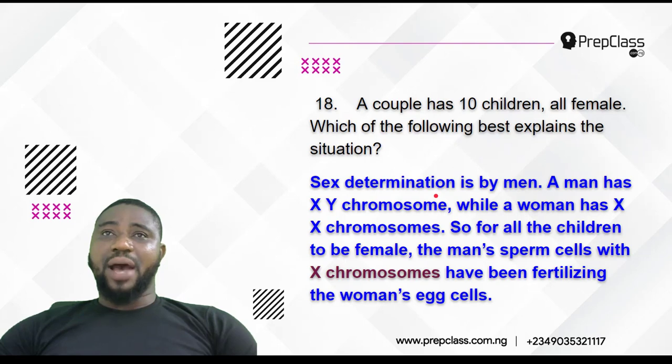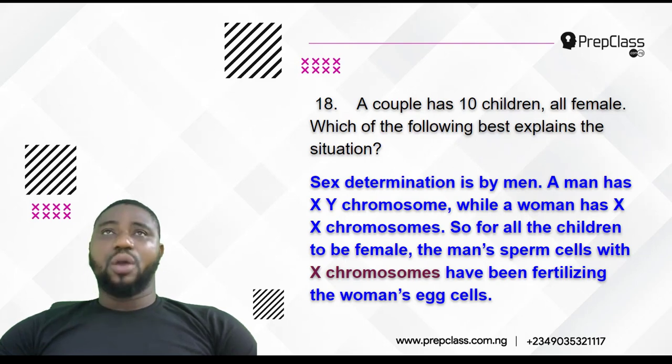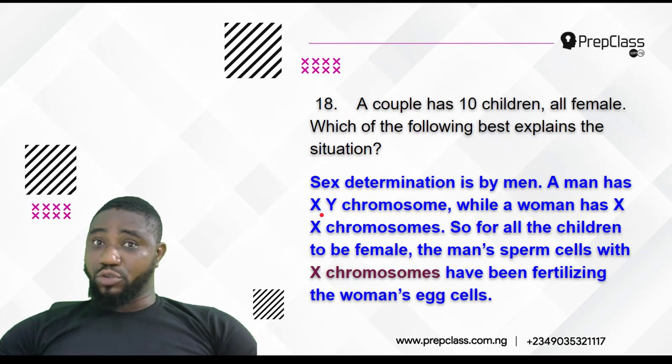So a man, after sexual intercourse, in ejaculation, when the man releases semen, each ejaculate can contain about 250 million sperm cells, but not all of them are very strong or active. Now those 250 million sperm cells, some of them might be Y chromosome sperm cells, some of them might be X sperm cells, as they carry X chromosomes, because they cannot have two. They are haploid. They only have half of what the body cell is.